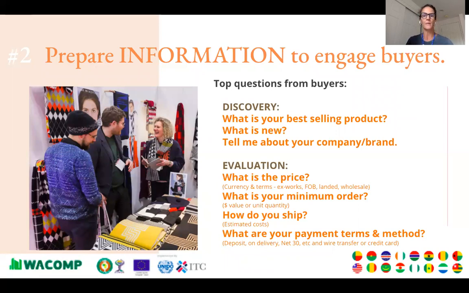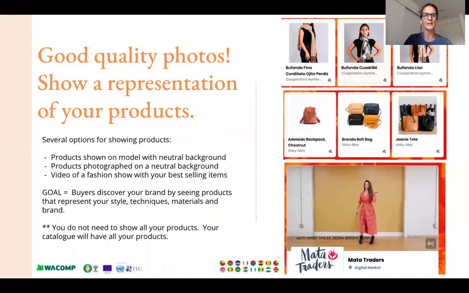You want to tell them what's new that you're doing, and you want to tell them about your company and your brand. In the evaluation stage, you want to make sure that you have your price terms well-defined, your minimum order, shipping information, and payment methods and payment terms. So let's look at these in a little more detail.